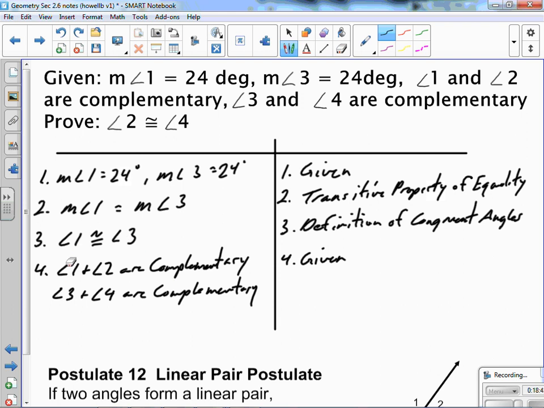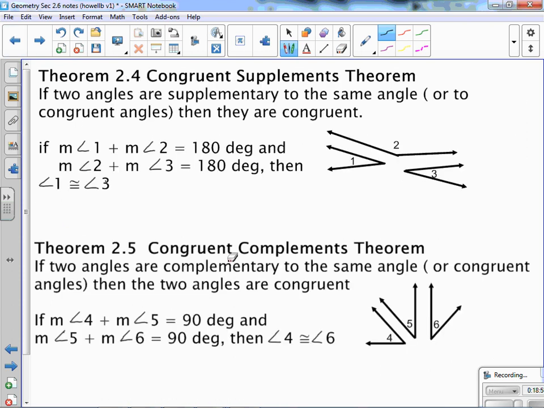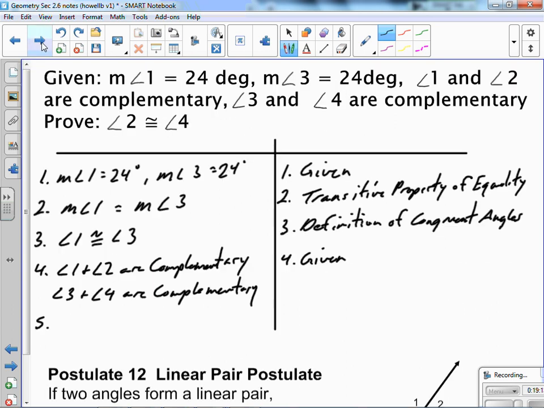then since 1 and 3 are congruent, it's like I'm adding the same thing to 2 and 4 to be complementary. So this goes back to the information we just learned here. The congruent complements theorem: if two angles are complementary to the same angle, or to congruent angles, then the two angles are congruent.